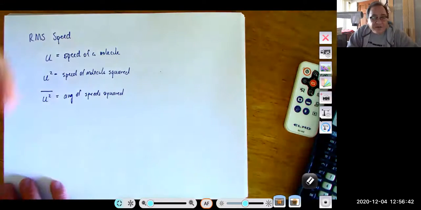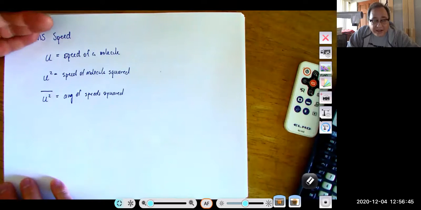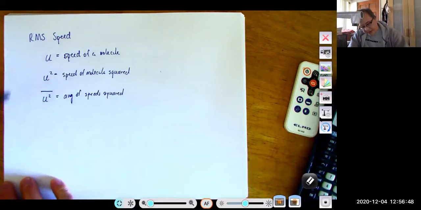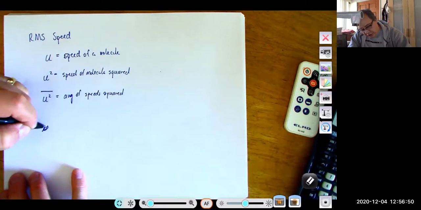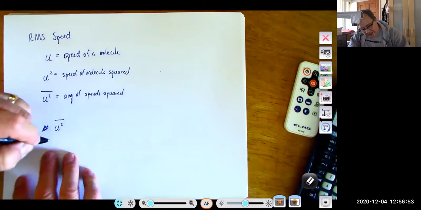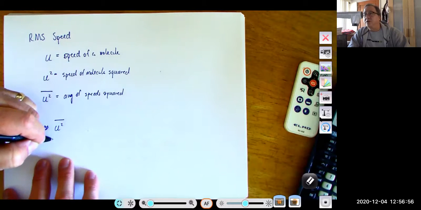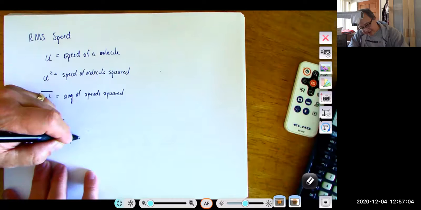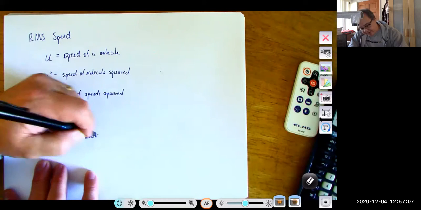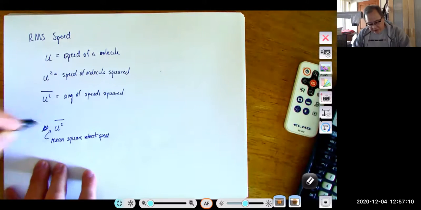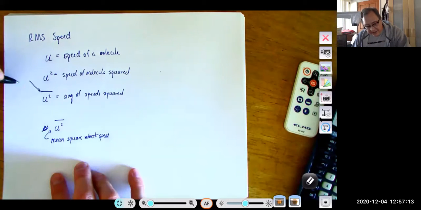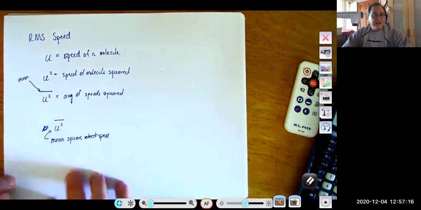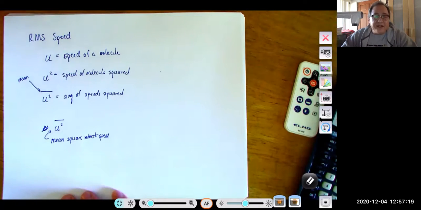So you take each velocity or speed, you square it, and then you get the average of those. Now, it turns out that the U squared, this is called the mean square velocity or speed. That's what this is. So this bar here means the mean. The mean is different than the median. The median means the middle value. The mean means the average.